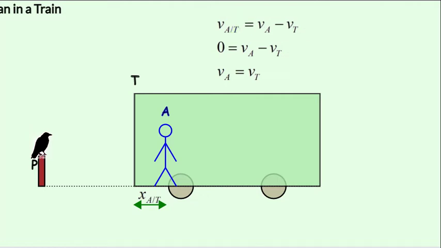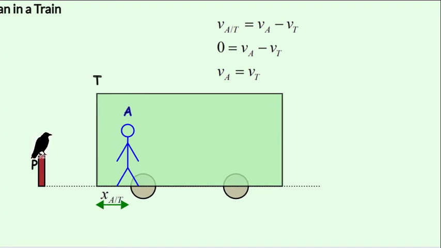Since the displacement xa with respect to t is constant, VA with respect to t has to be 0, since the velocity is the derivative of the displacement. So we obtain the velocity of the man as equal to the velocity of the train.